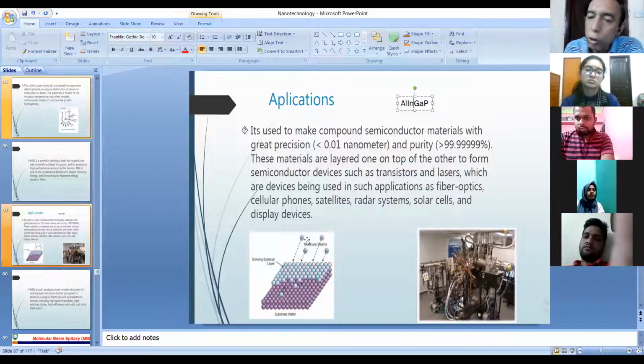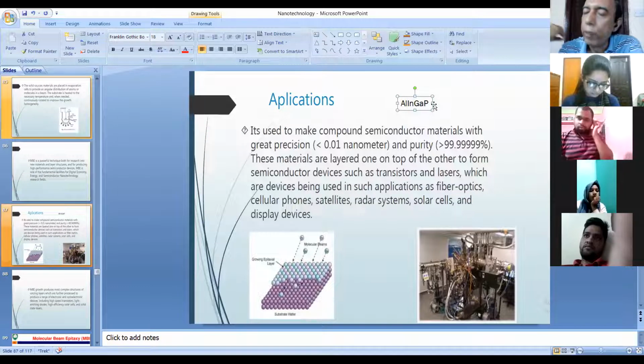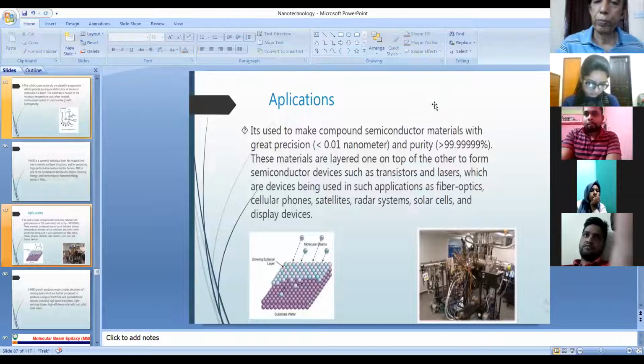You can do it also. So you can do almost any type of thin film by this molecular beam epitaxy method.